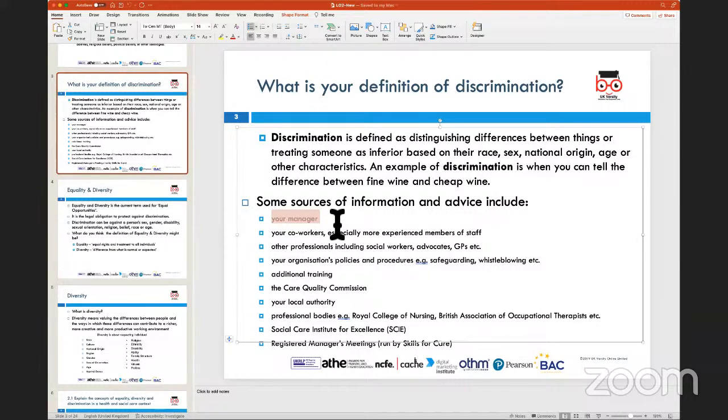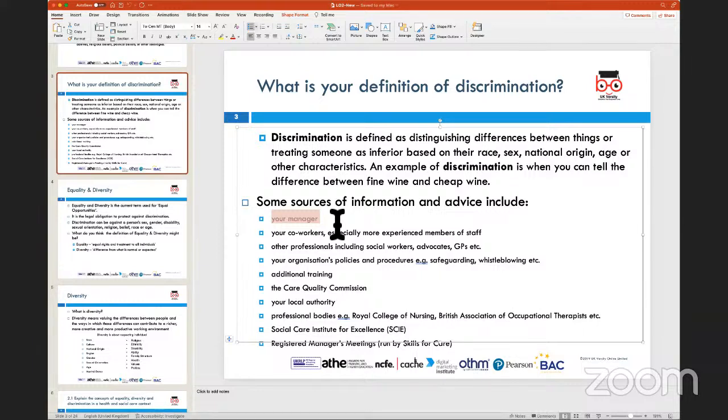In most organizations, you also undergo training to understand these. When you join an organization like the National Health Service, you are expected to undergo training to understand the meaning of these three terms and how they apply in day-to-day work.